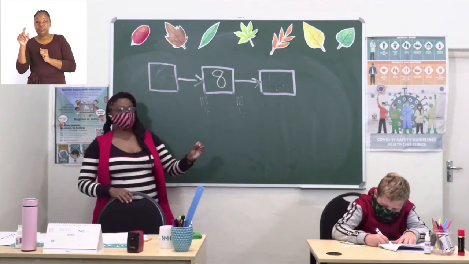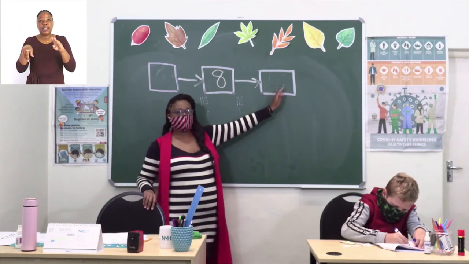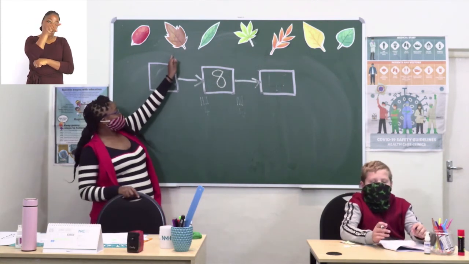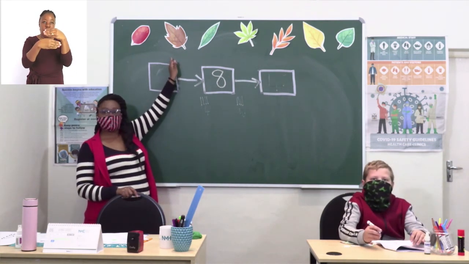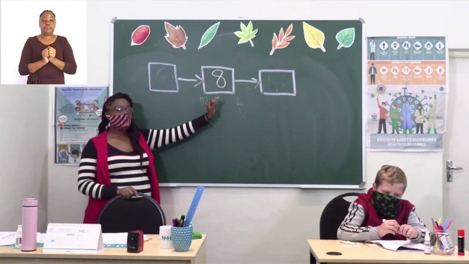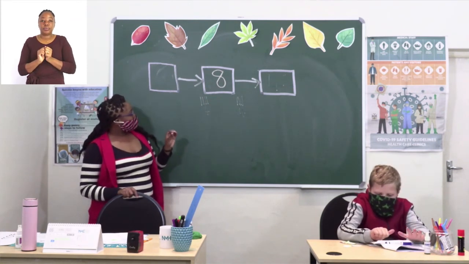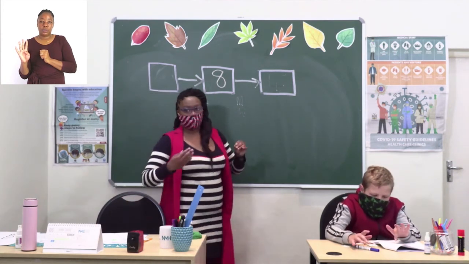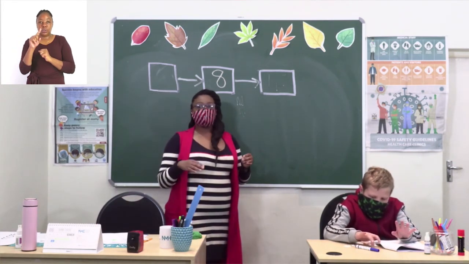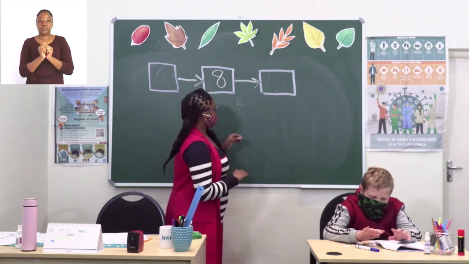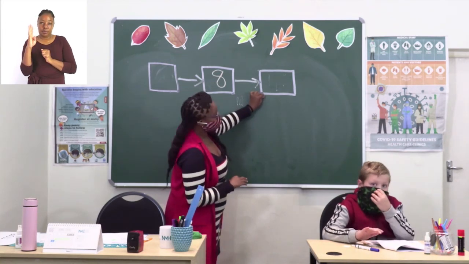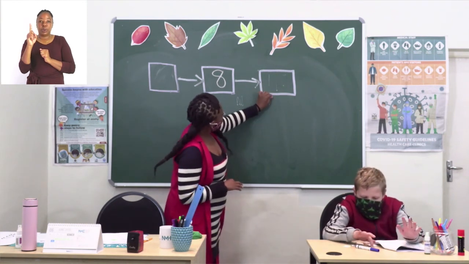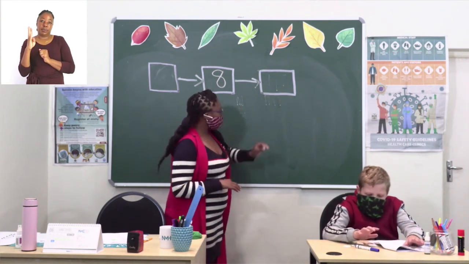Now remember, I said we take that same number that we have written here and we try and double it to see if we are going to get the same answer here. So let us take our 4 here and we're going to count on. Remember, we need to count on 4 times. So we are going to draw 4 sticks underneath the box 4. 1, 2, 3, 4.